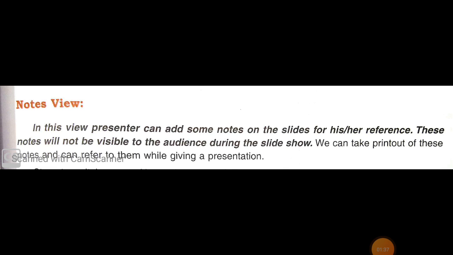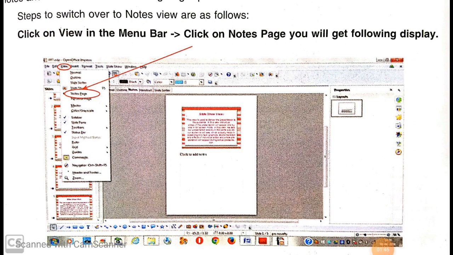Now, steps to switch over to notes view are as follows. Click on View in the menu bar, then click on Notes Page. You will get the following display as shown in this picture.